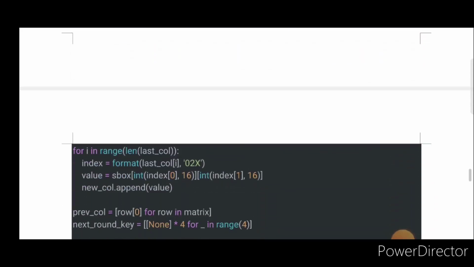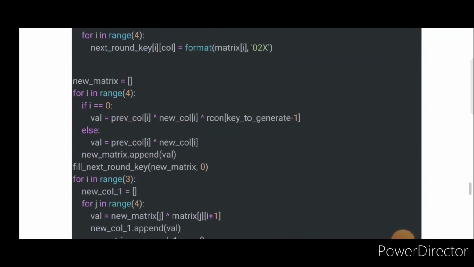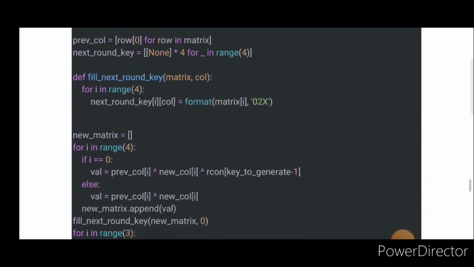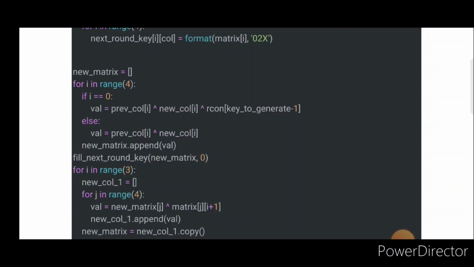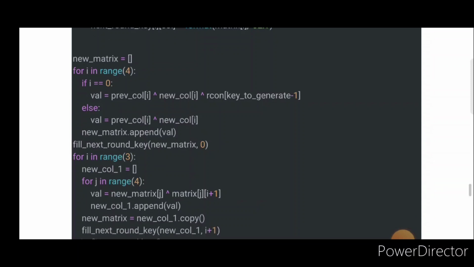And then comes the column shifting and substitution. After obtaining the input key matrix, the code performs a series of operations on it. It shifts each column cyclically. The first byte of each column remains in place, and the second byte is shifted up by one position.